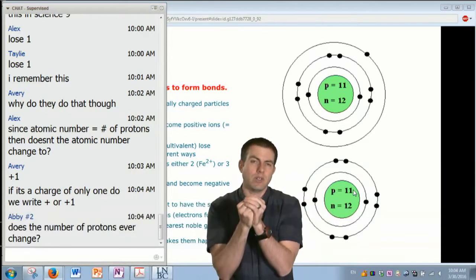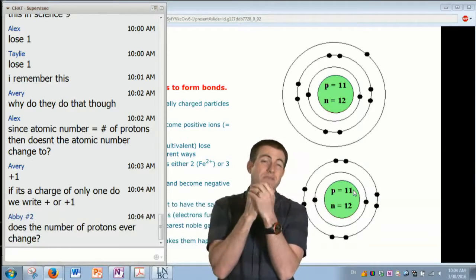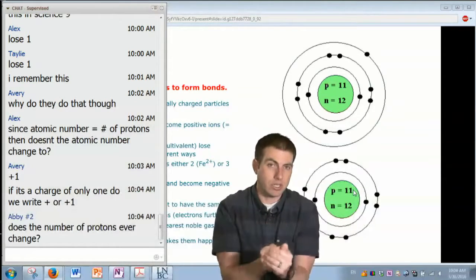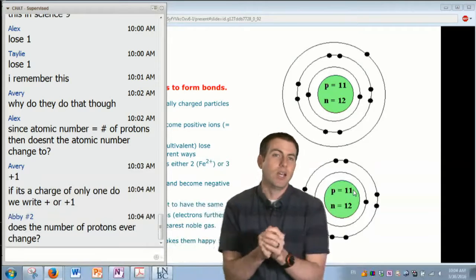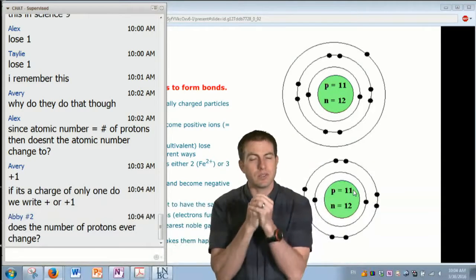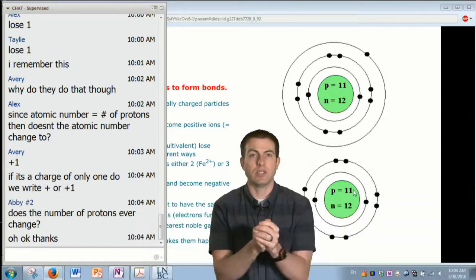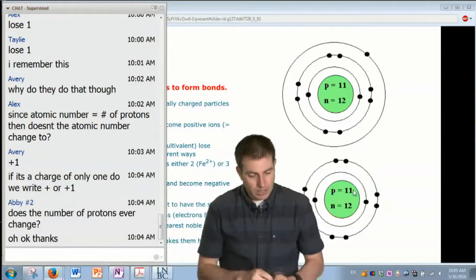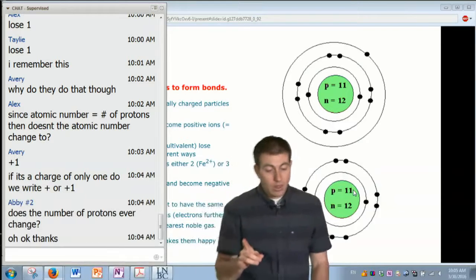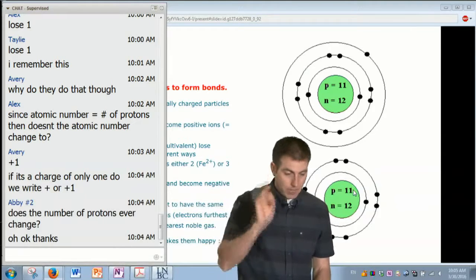It can happen, but not very often. So the number of protons and number of neutrons very rarely changes. There are a few exceptions, which we'll talk about at the very end of the chemistry unit. But generally speaking, the nucleus remains unchanged. For everything we're going to do for the next 2 weeks, the nucleus will always remain the same. So that was Alex's question.